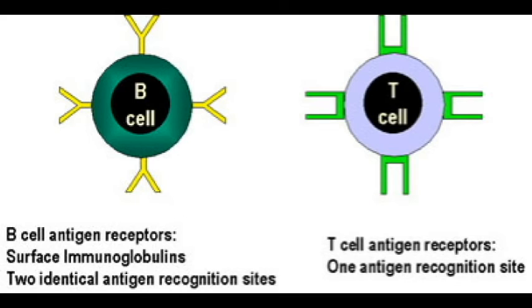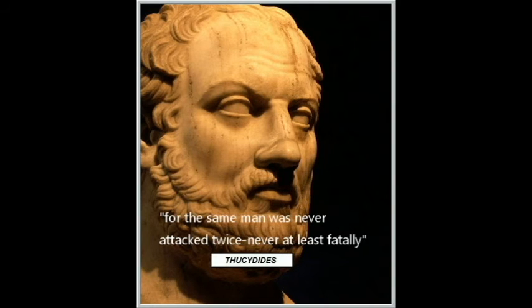Both B and T cells inactivate foreign bodies and molecules, and they contribute to an incredible feature of the immune system called immunological memory. This can protect us from many diseases for decades if our body has encountered it and survived before. As Greek historian Thucydides stated, "For the same man was never attacked twice, never at least fatally."